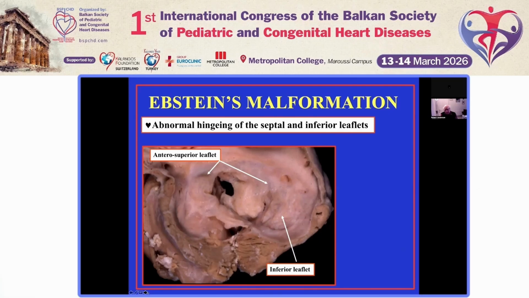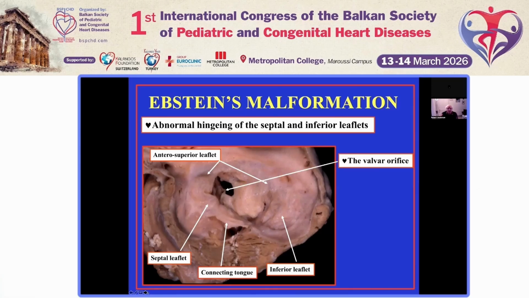And in this heart, the inferior leaflet is plastered to the parietal wall of the ventricle, as is the septal leaflet, losing its attachment at the atrioventricular junction. As in the heart of Joseph Prescher, in this particular example, there is again a connecting tongue between the septal and the inferior leaflets, but there is a grossly abnormal location of the valvar orifice.